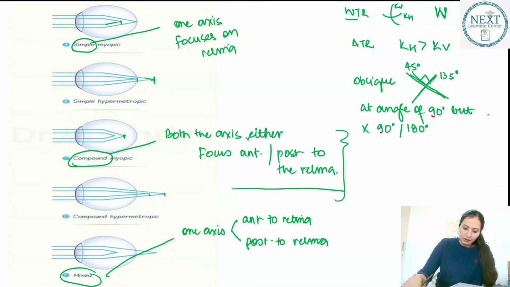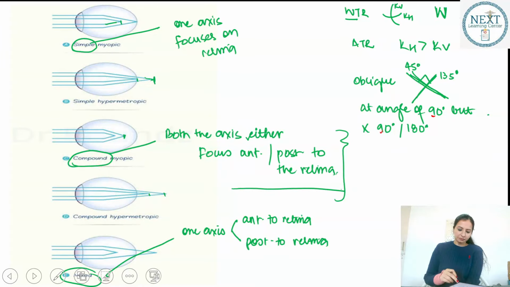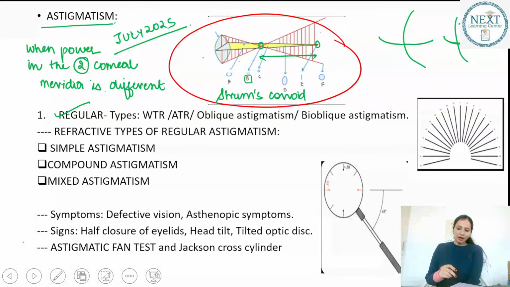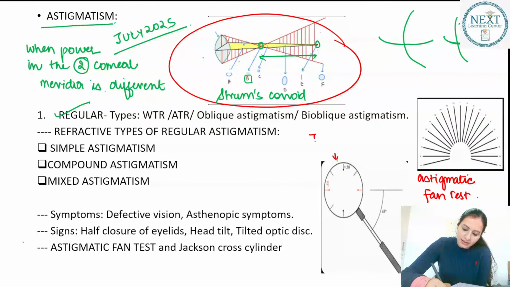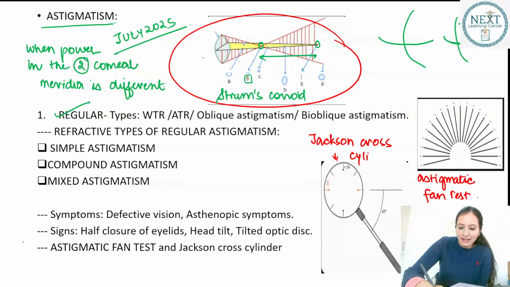How will you tell about astigmatism? So astigmatism can be told by, this is astigmatic fan test, and this is Jackson cross cylinder test.